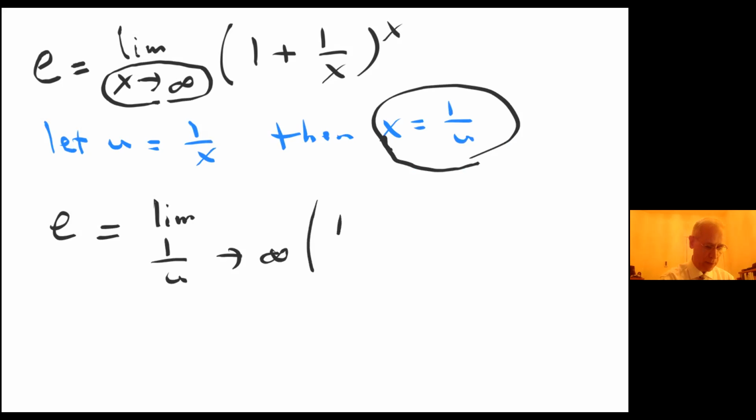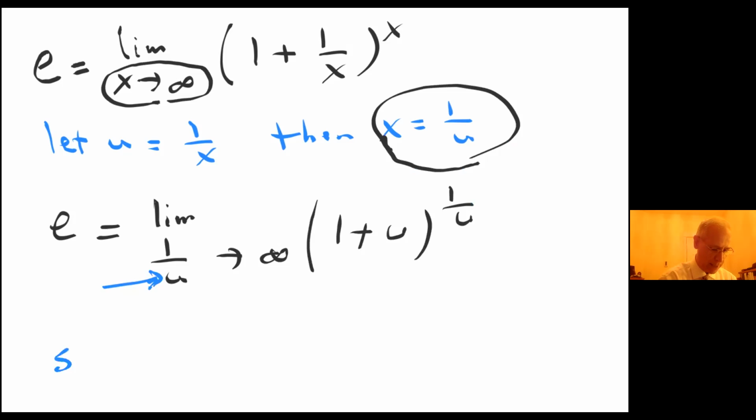So 1 plus u to the power of 1 over u. And notice here, u must be going to 0. That's the only way that 1 over u tends to infinity. Keep that in mind.